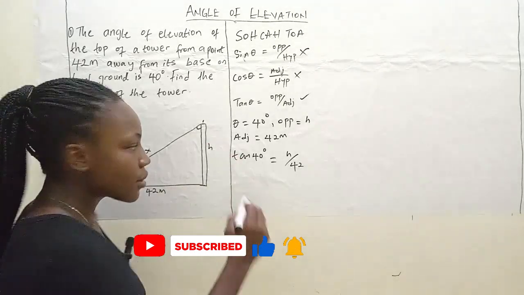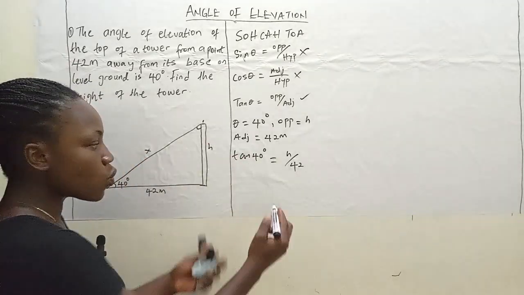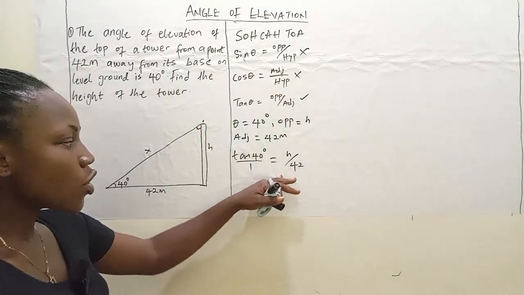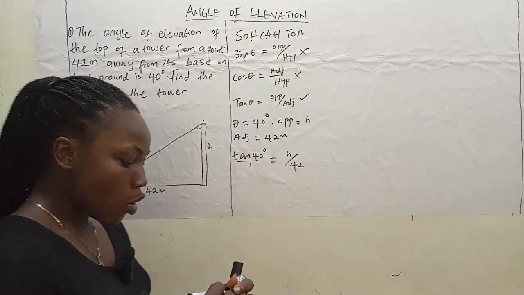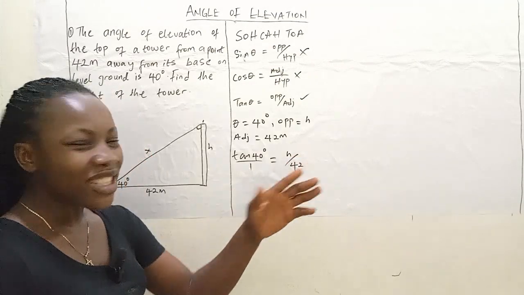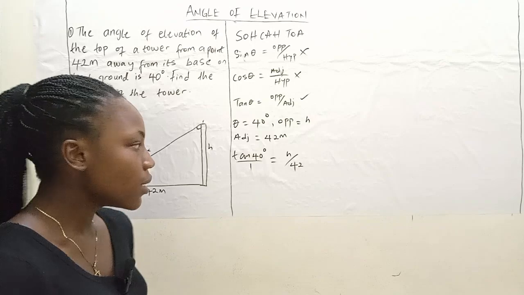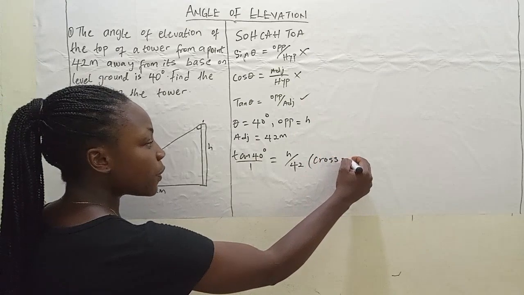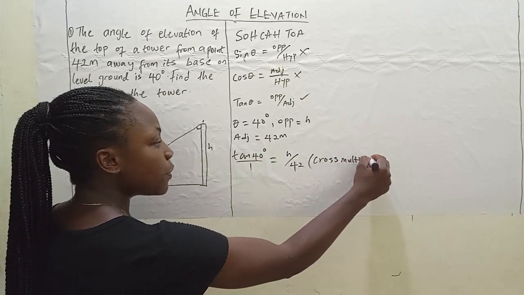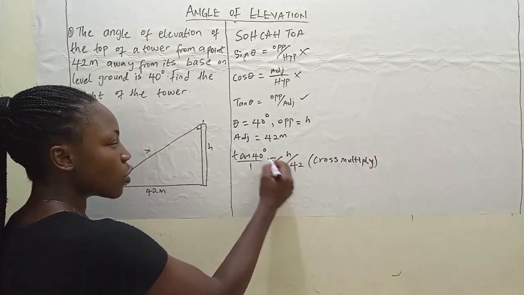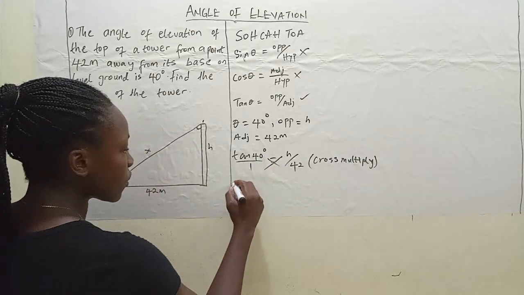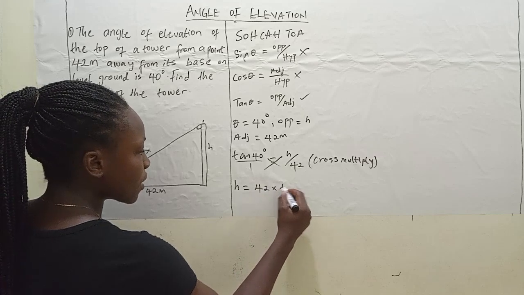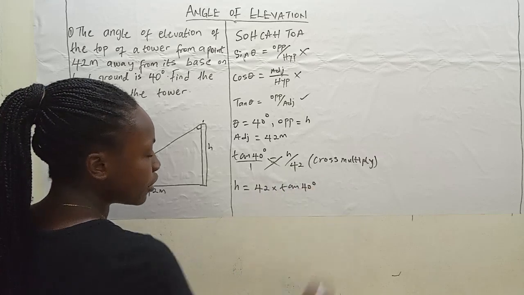Now, you know that this tan 40 is equal to, right? So at this stage, for us to be able to make h the subject of the formula, we simply cross multiply. So once we cross multiply, we are going to have h equals 42 times tan 40 degrees.